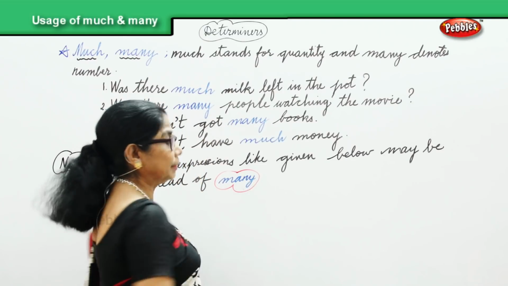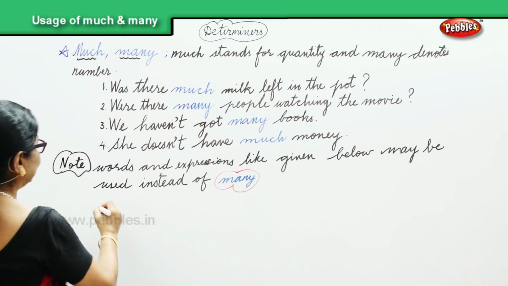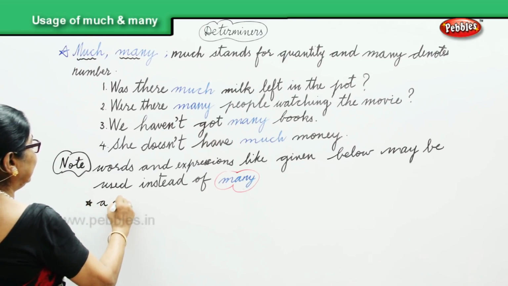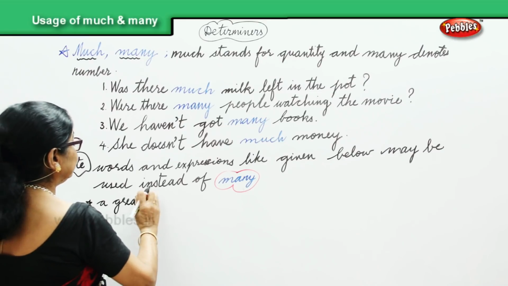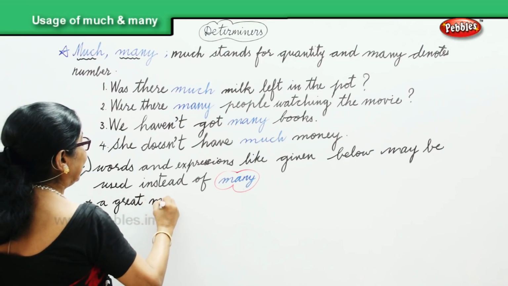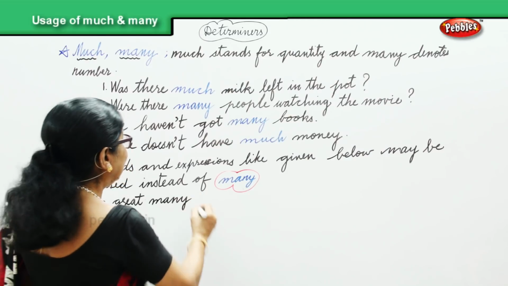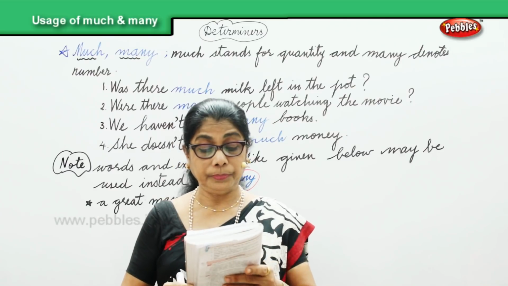Let's remember this. Now, what are those words? A great many. A great many birds arrived at the pond.